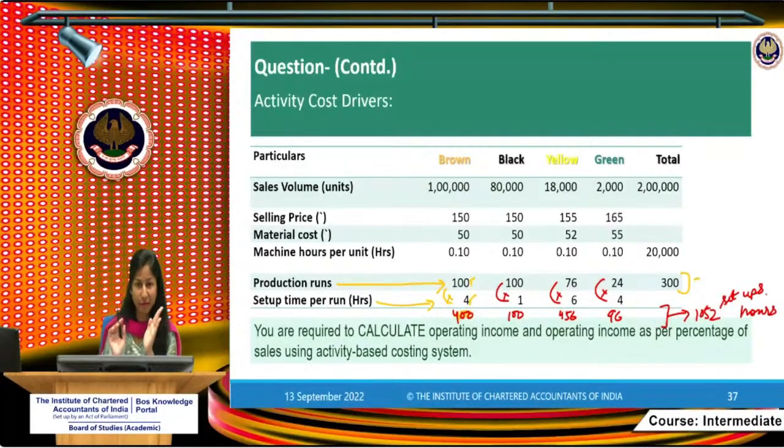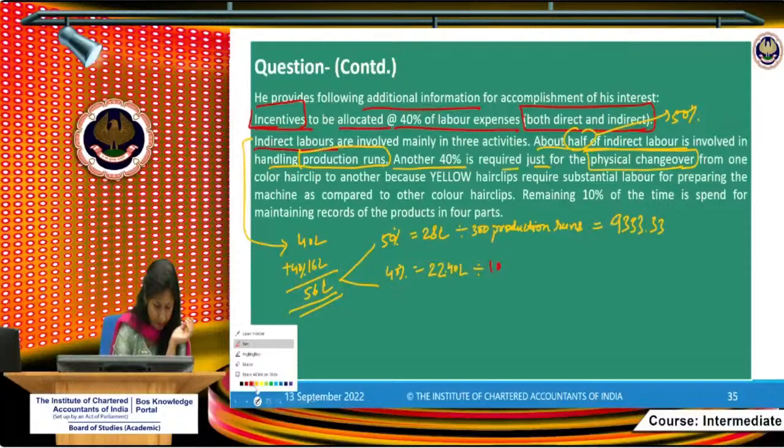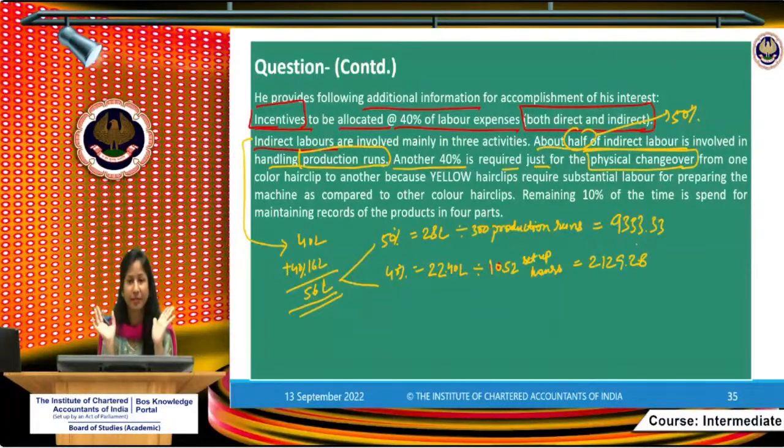Please remember 1052. So we will put this figure over here, 22 lakh 40,000 divided by 1052 setup hours, we get 2129.28. Fine, this is per unit.